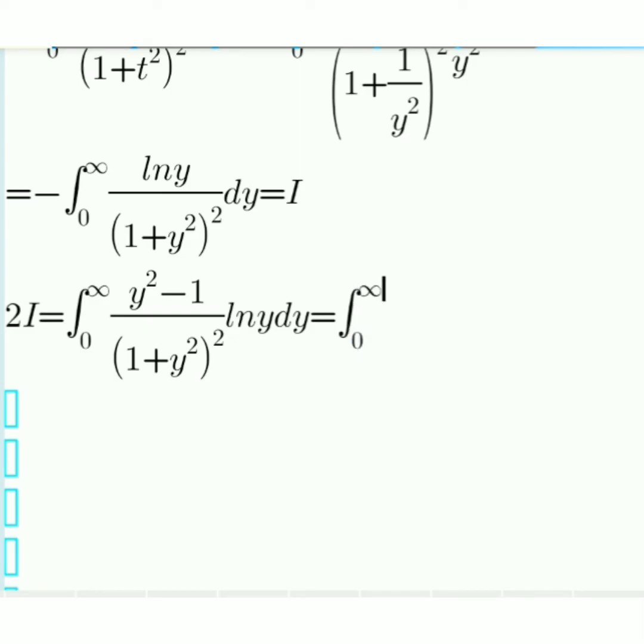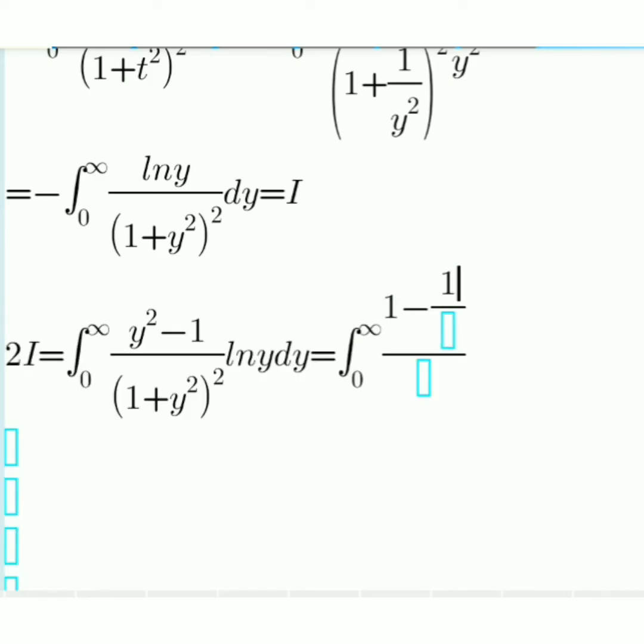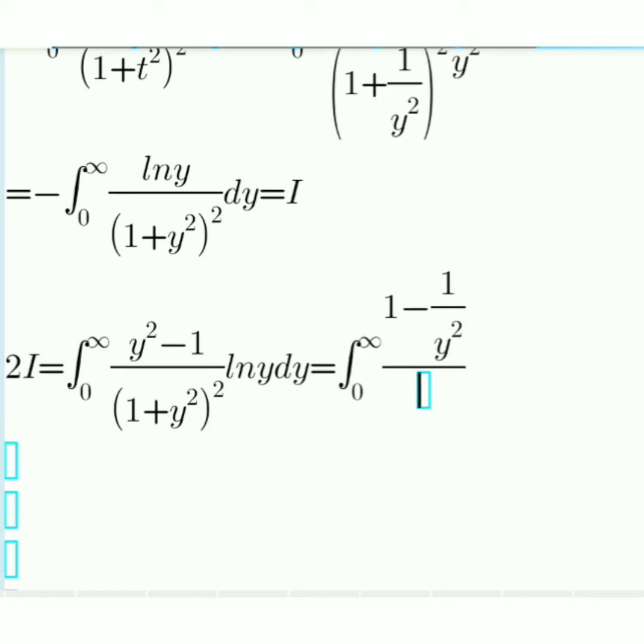I can write 1 minus 1 by y square, and 1 plus 1 by y square.